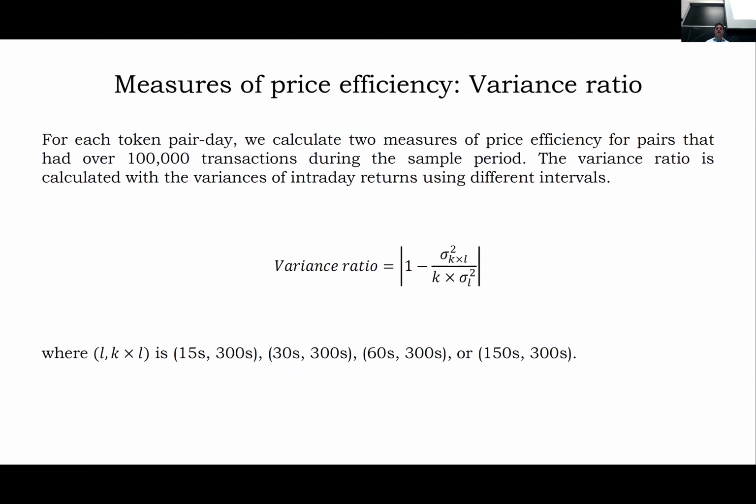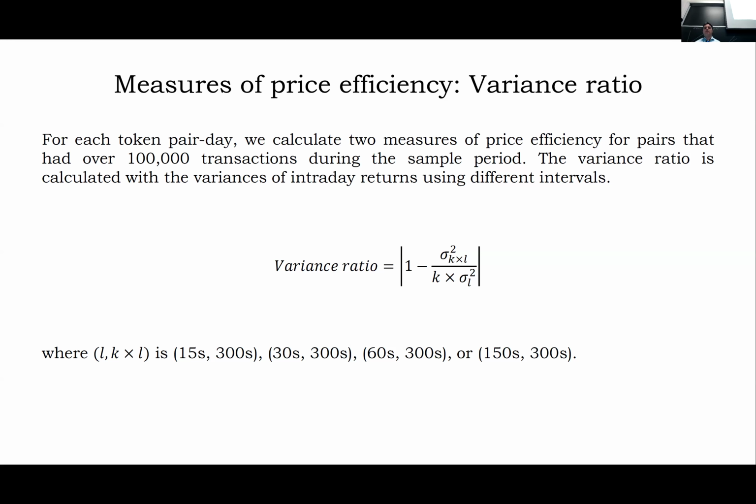Yeah. So finally, we look at the variance ratio to measure the price efficiency. For each token per day, we compute 2 measures of price efficiency. The variance ratio is essentially computed using the variance of intraday returns over different intervals. So sigma squared k times L is the variance over the longer interval.